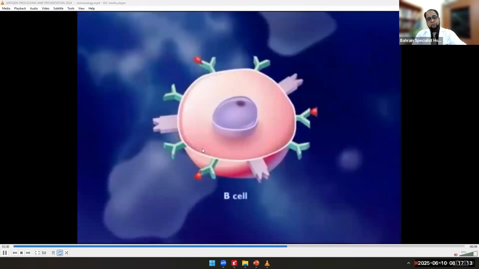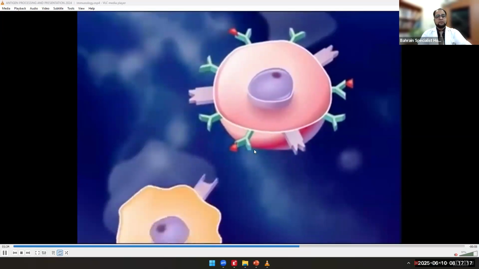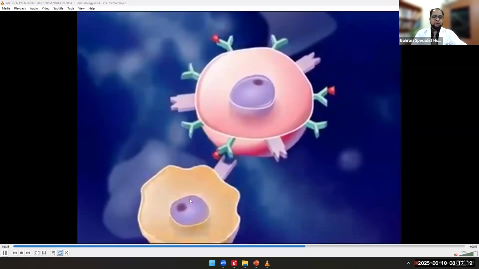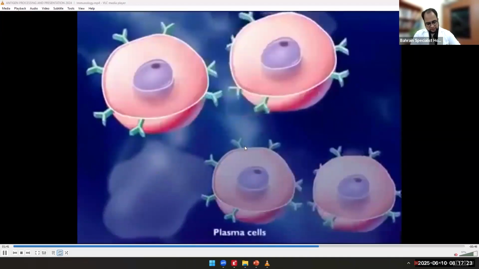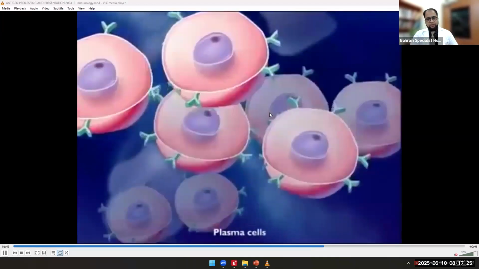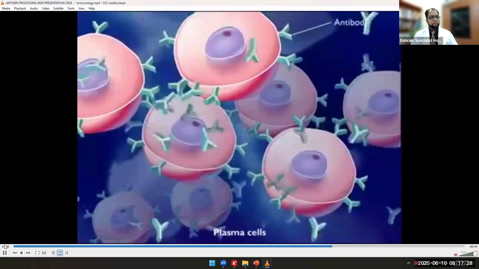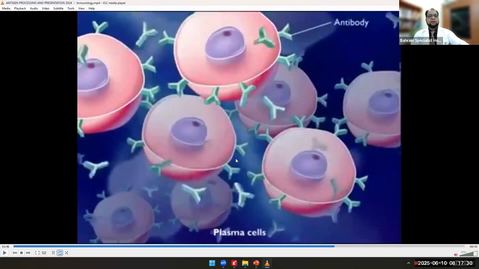So now how is the humoral immunity going on? The B cells, when exposed to the antigen, sensitize the T helper cell. Now the B cells start proliferating into plasma cells. At this stage, everything is going on in the parafollicular area. So this T helper mediated activation of B cells is going on in the parafollicular area.